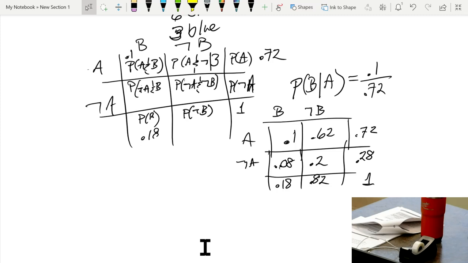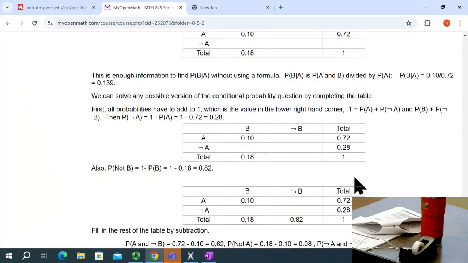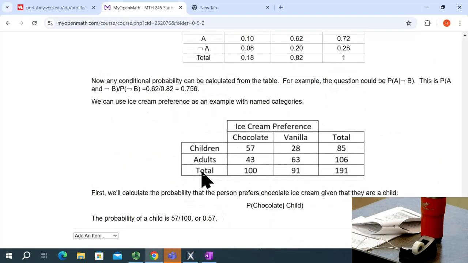So you can get any conditional probability in that. The probability of A given that B has occurred is 0.1 divided by 0.18. So all it does is restrict the spot that you can look at, restrict the possibilities.